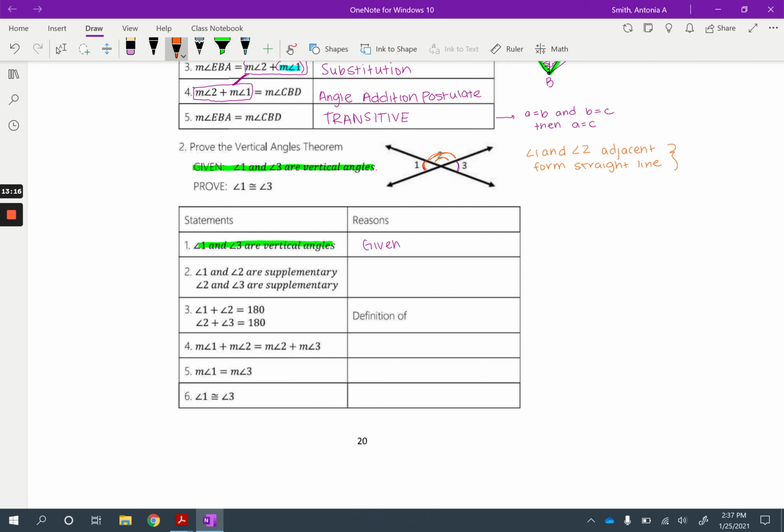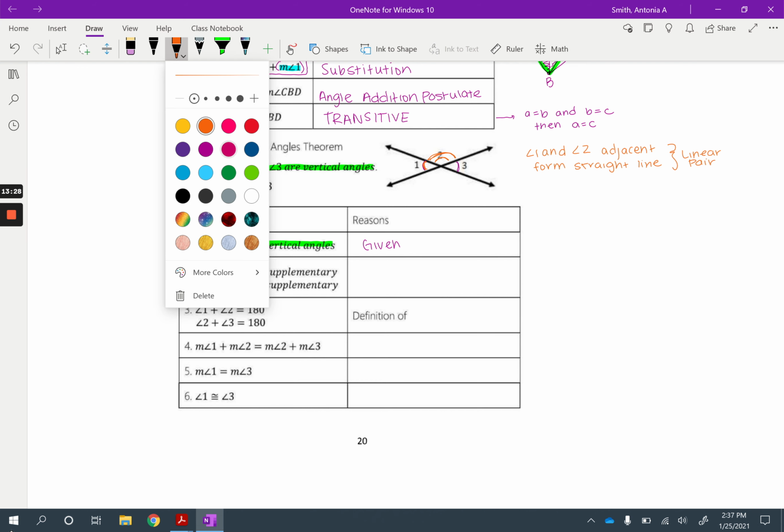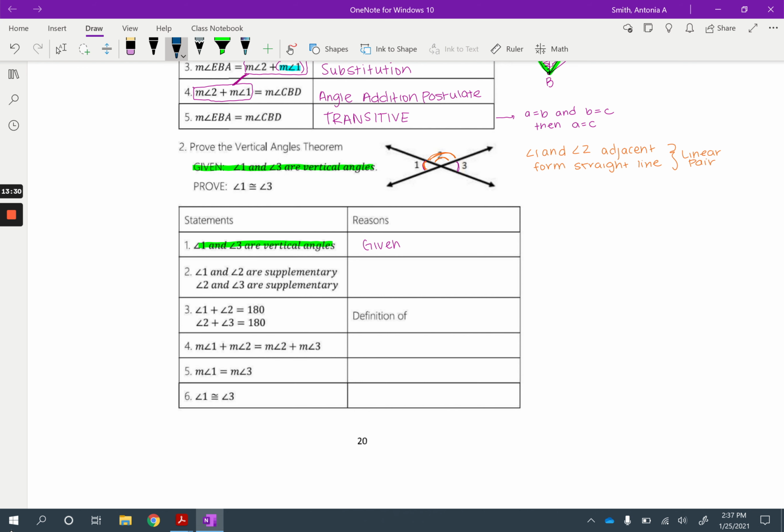We call them a linear pair. So angles 1 and 2 are a linear pair, but also angles 2 and 3 are a linear pair, right? They are adjacent to each other and together they form a straight line.